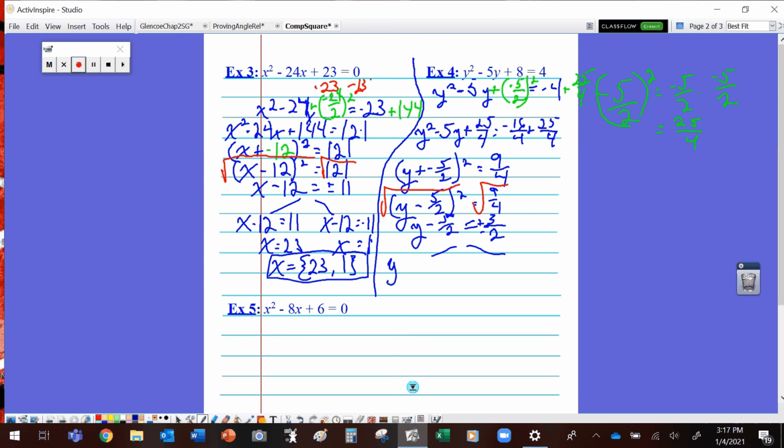So make our two equations. Y minus 5 halves equals 3 halves, and y minus 5 halves equals negative 3 halves. Okay, so I'll add 5 halves to each side.